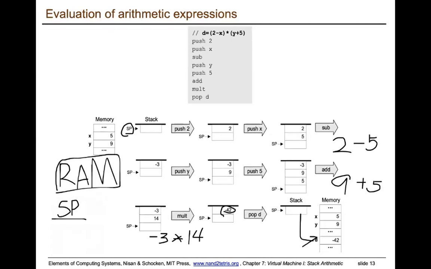So still remember we have some pointers, say SP, LCL, in our assembler? Still remember this? We have 5. Kind of, right?